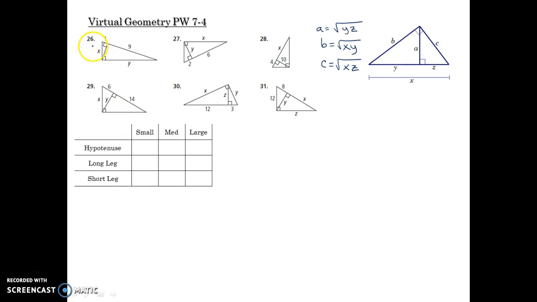So on 26, my little triangle has the hypotenuse X. The long leg we don't know. And the short leg is 1. In the medium triangle, the hypotenuse is Y, the long leg is 9, and the short leg we don't know, but it's the same as this.